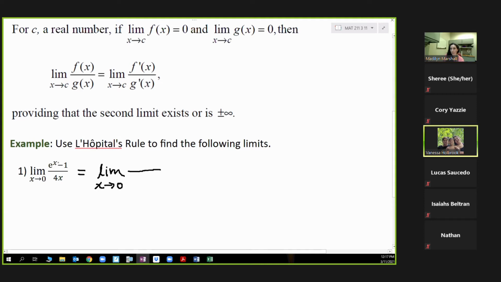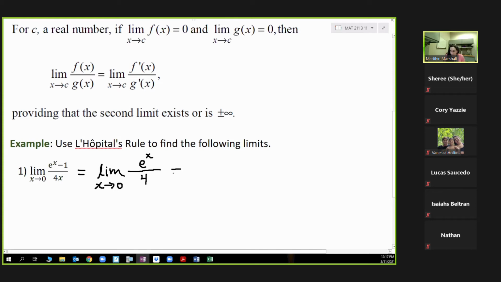So e to the x over 4. Yes, exactly. The derivative of the top is just e to the x, since that 1 will go away, and the derivative of the bottom is just 4. So this is not a quotient rule situation. We're not taking the derivative of the whole quotient. We're just doing the top and bottom totally separately.